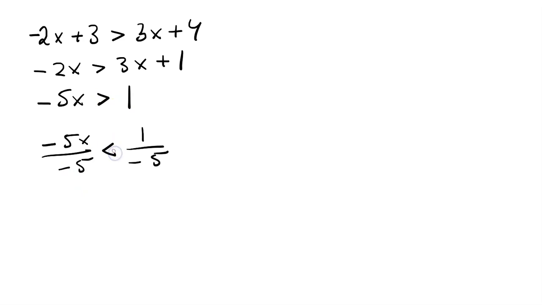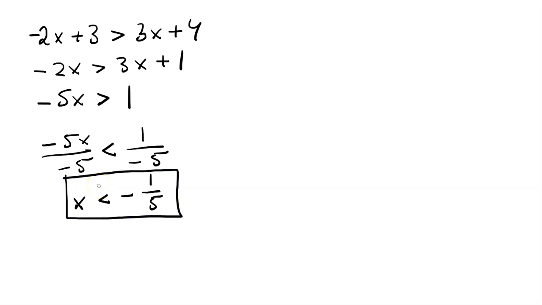Then we need to change it to the other direction. So maybe instead of switch or flip, we can say change the direction of it. Okay, so on this side now we have x, and -5 and -5 cancel. And this becomes -1/5.